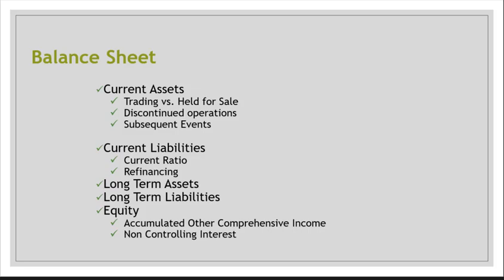So we may need to go back to the December 31st balance sheet and say, remember how we were estimating how much we were not going to collect? That amount is higher because of a subsequent event. So that's a subsequent event that has impact on our balance sheet. Other subsequent events do not, because they wouldn't necessarily change a balance. For instance, let's say that we announce a change in strategy or an acquisition of a new business.